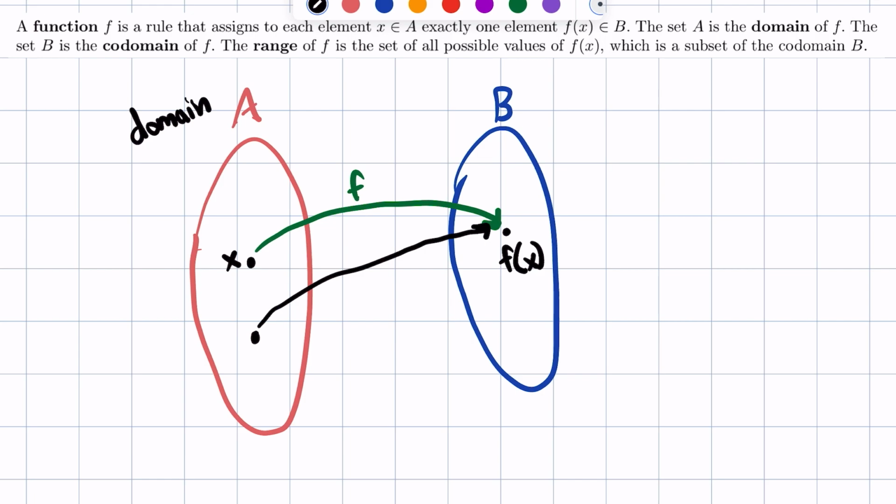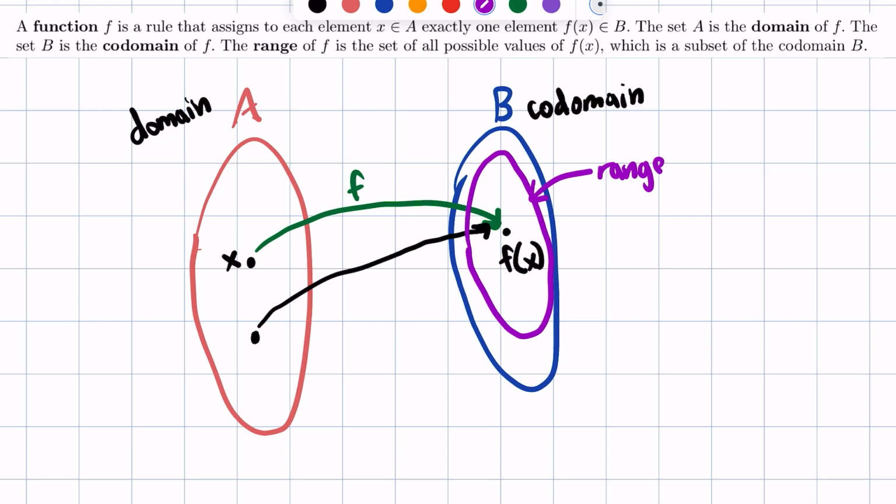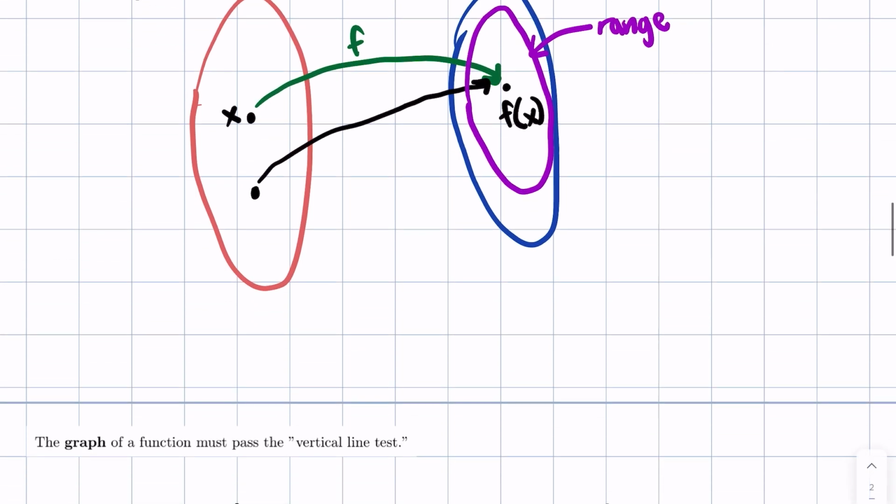We call B the codomain. And then there's a subset of B that f actually maps points to, and that is going to be called the range of the function. All right, so that is the definition of a function.